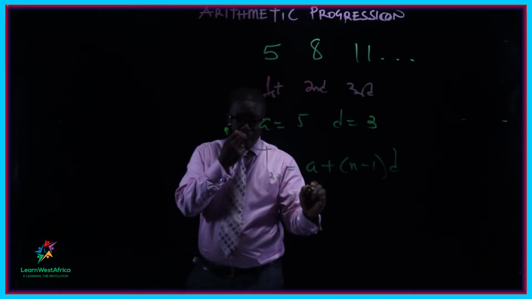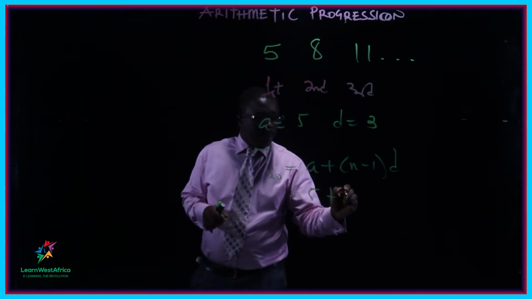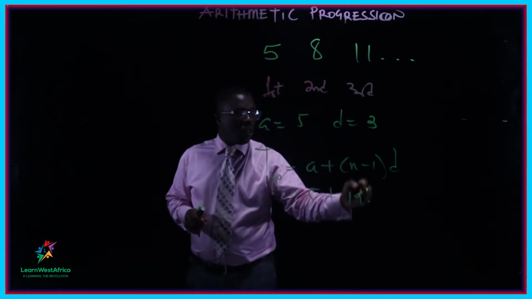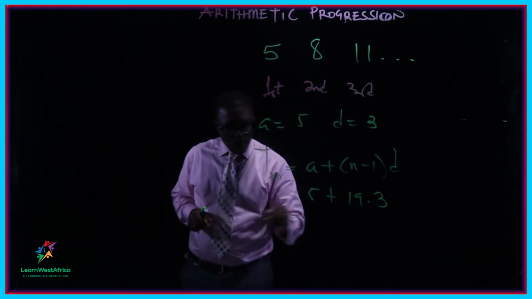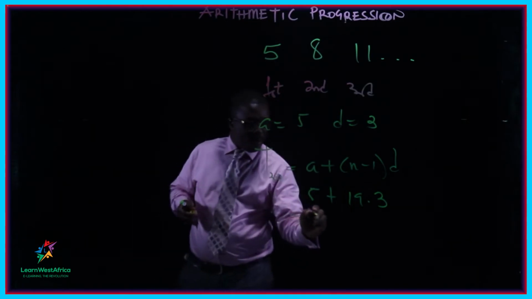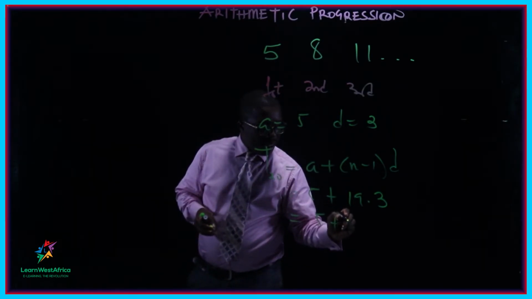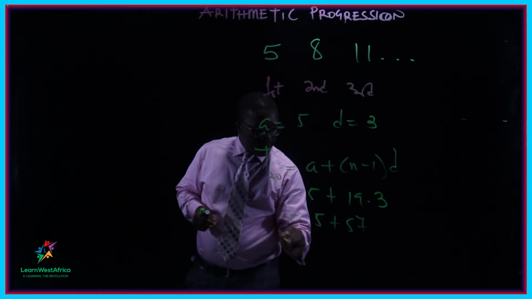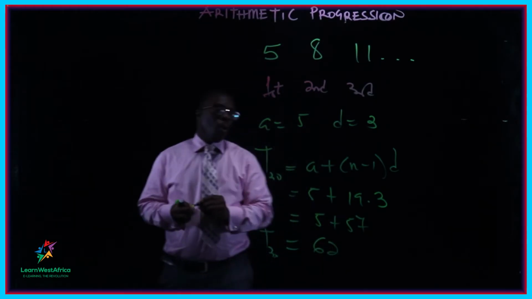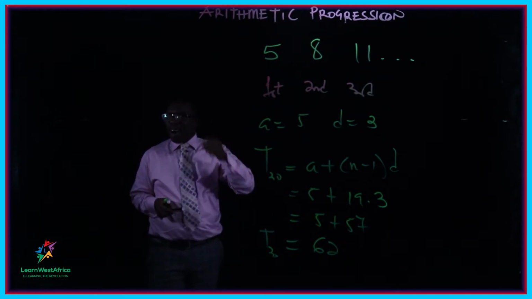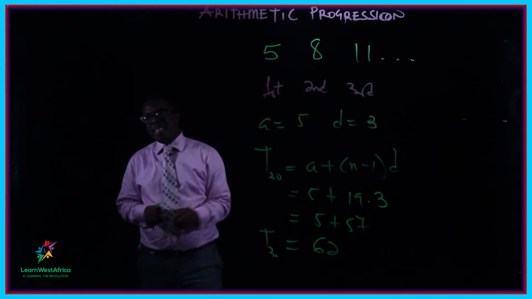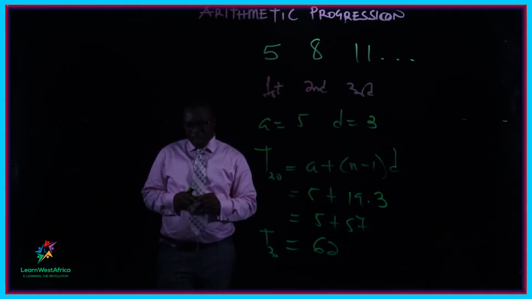So our a is going to be 5 plus 19, 20 minus 1 is 19, then our common difference will be 3. So what do we get? You're going to have 5 plus 57. And that should give you 62. So on the 20th of March, that is our 20th term, the farmer is going to collect 62 bags of maize. Are we okay? 62 bags of maize.